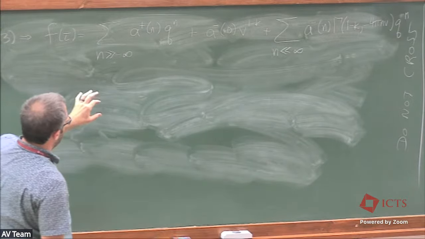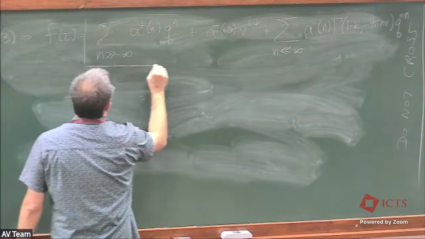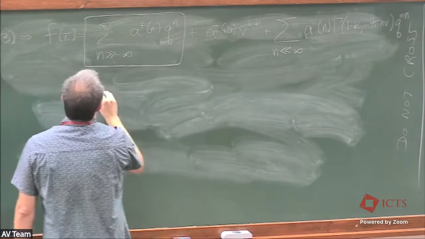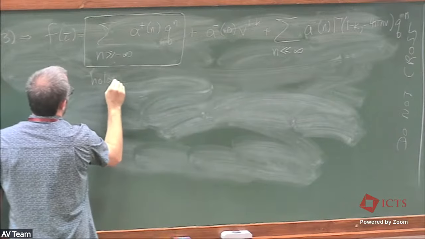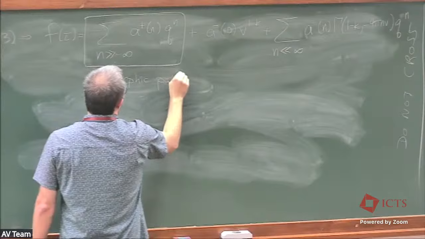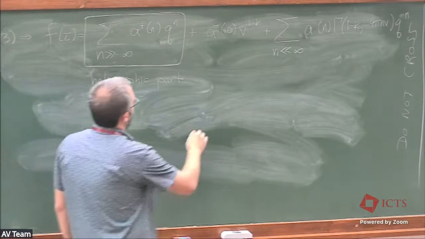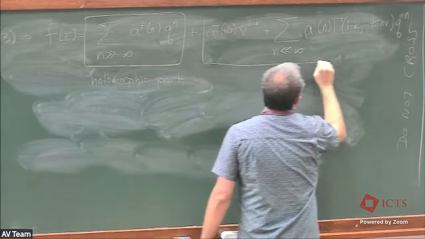And this splits nicely into two distinct parts. This is what we call the holomorphic part, since it really just is a function of q, a holomorphic function. And then we will call this the non-holomorphic part.